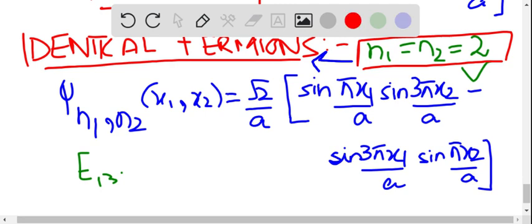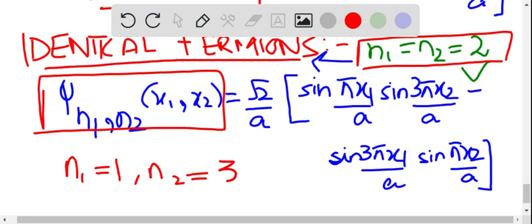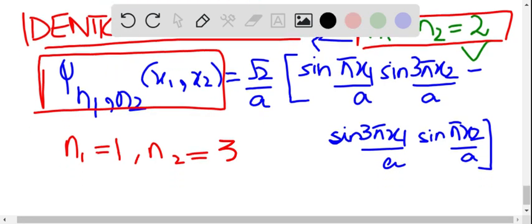This equation is for the values when n1 is equal to 1 and n2 is equal to 3, and that is non-degenerate, right? So from here we would get that the energy is equal to 10k, right?